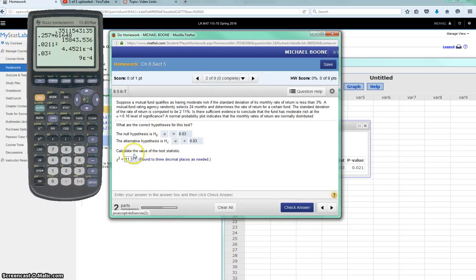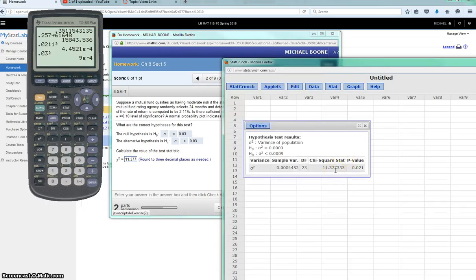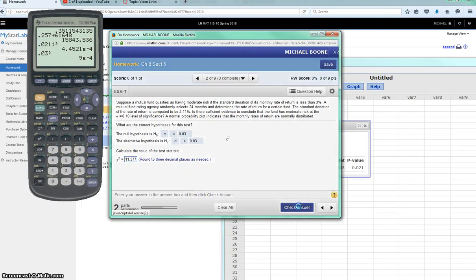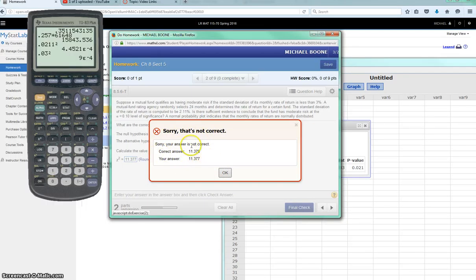Let's see what we did wrong. 11.377. So apparently we're off by rounding a little bit on this one.